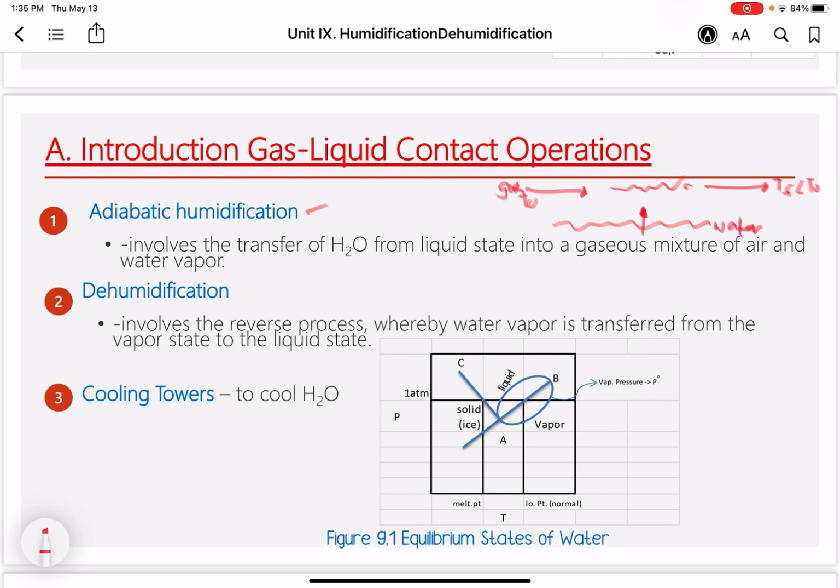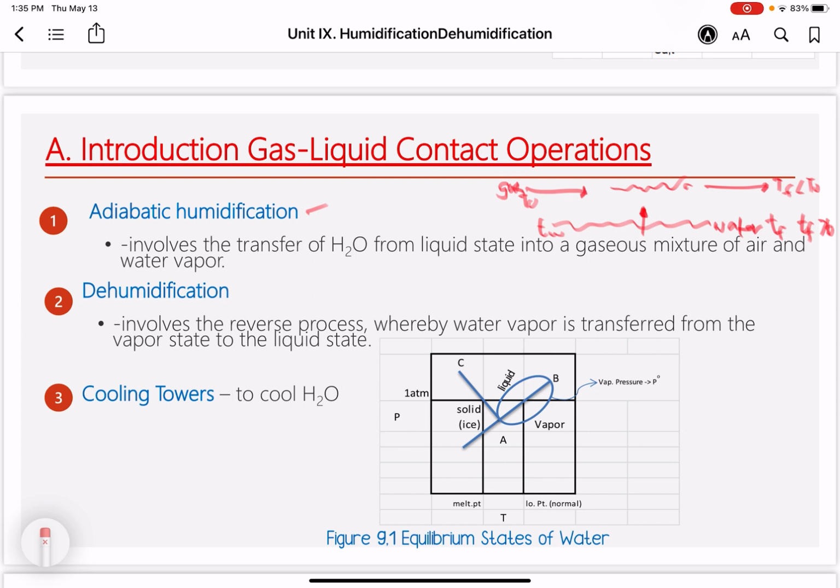So you cool the gas, and since the heat from the gas is transferred to the water, making it evaporate, the final temperature of the water, TF, is greater than the original temperature of the water. The ordinary air passes over the stream of water.